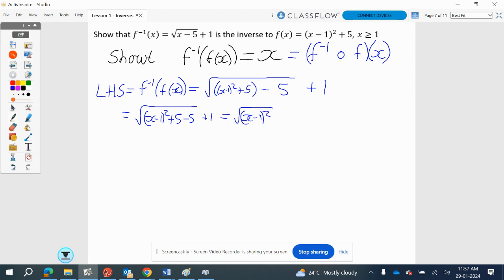I'm doing a couple of extra steps here, showing it very clearly. This is how we can prove a function is invertible, or is the inverse of another.